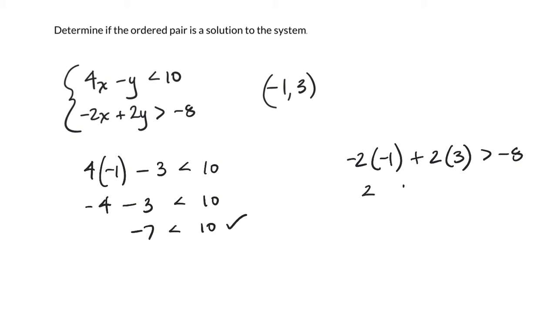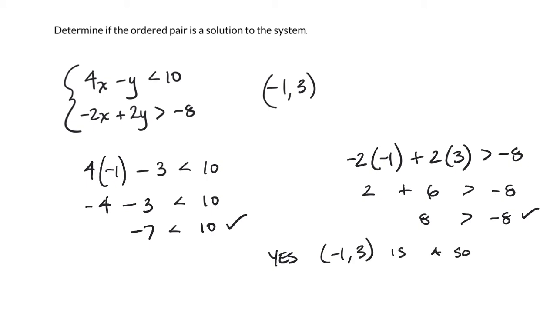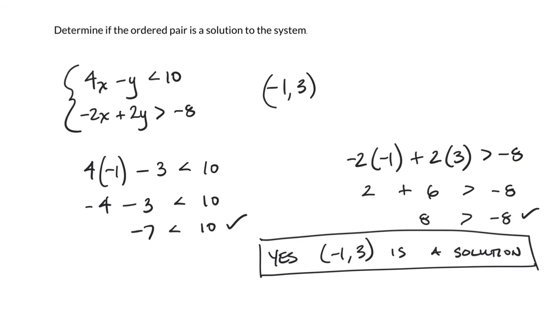This one we have 2 plus 6 is greater than negative 8. So we get 8 is greater than negative 8. That is also true. So yes, this negative 1, 3 is a solution. It is a solution because it is true for both of these inequalities when you plug it in.